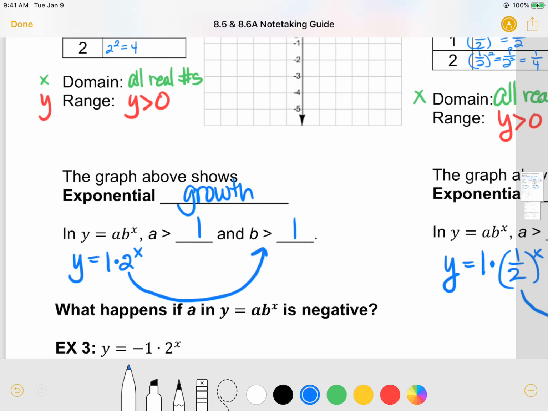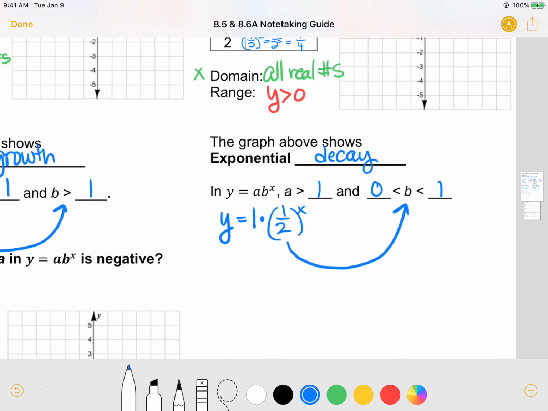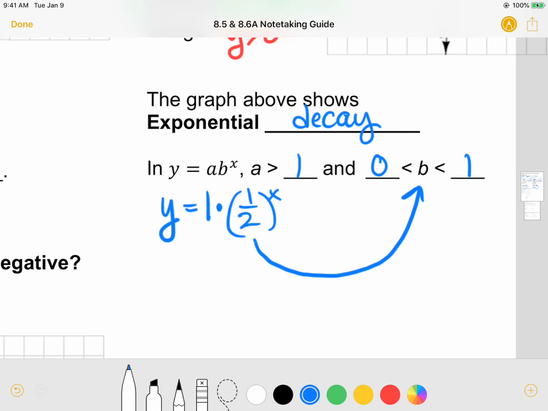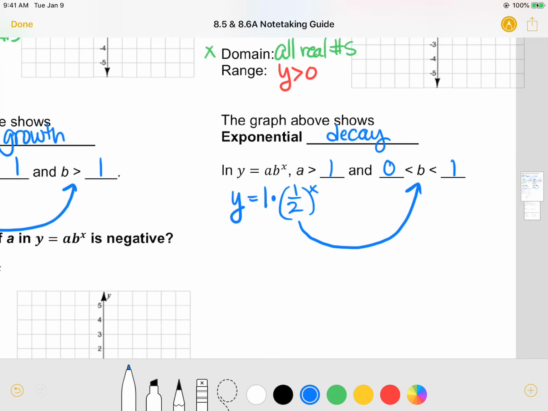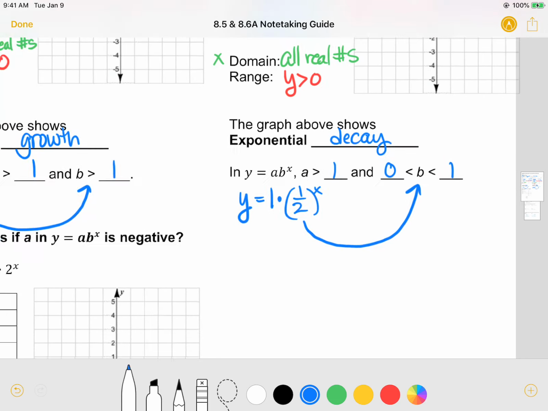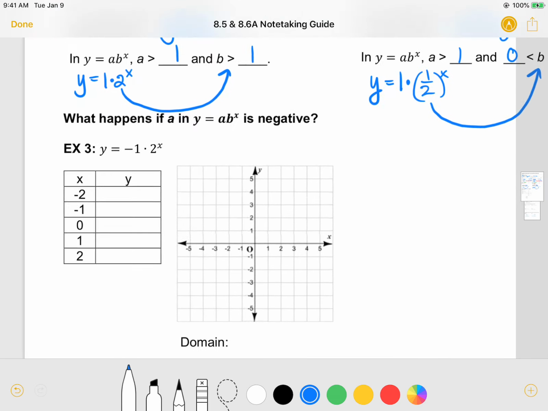So 2 is greater than 1, that represents growth, and then 1/2 is a number that's less than 1, that represents decay. So I'm getting smaller, okay? And that also means our common multiplier, it means that I'm multiplying by 1/2 each time, or I'm dividing by 2. Dividing by 2 means I'm getting smaller for every input that gets larger.